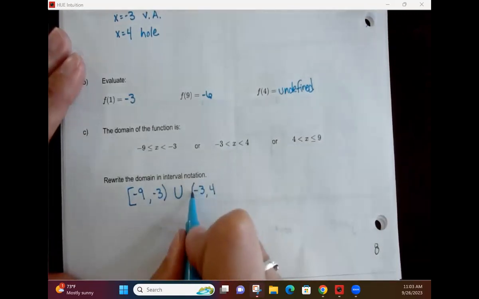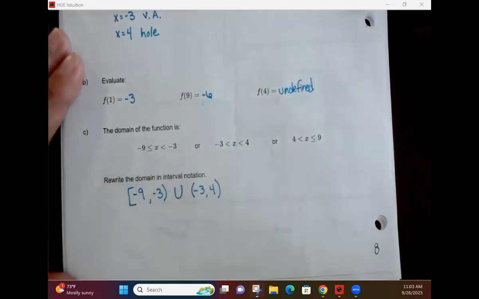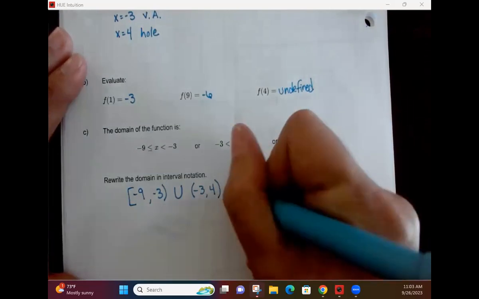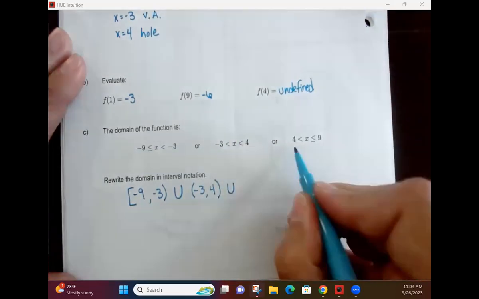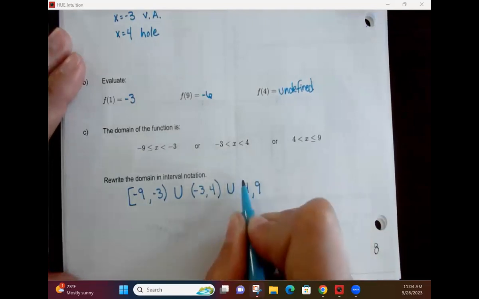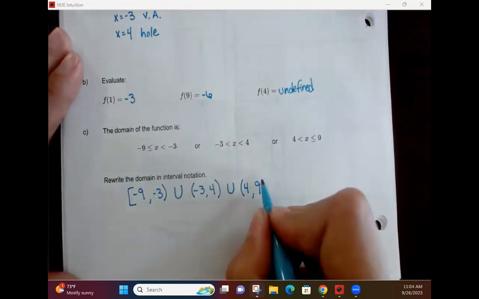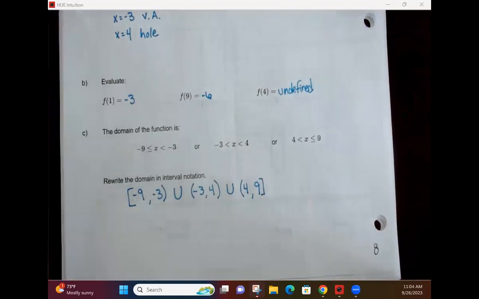We cannot be equal to -3 or 4, so parentheses on both ends there. And then my union symbol. And the last piece is from 4 to 9. Again, we cannot be equal to 4. There's a hole at 4. But I can be equal to 9, so we put a bracket at 9. Again, make sure I can tell the difference between your parentheses and your brackets.